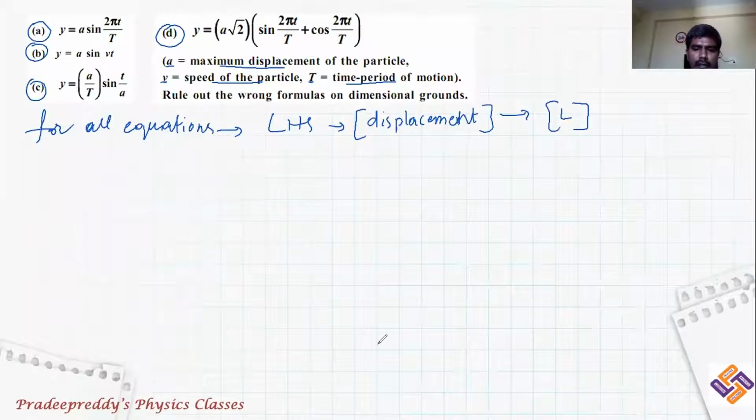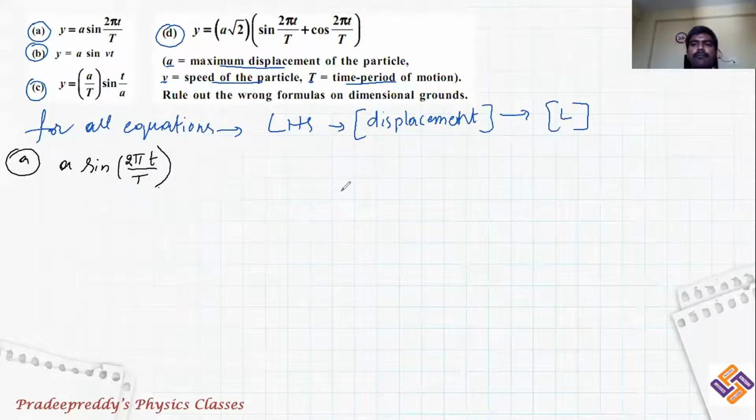Now let us take one by one on the right hand side. First I am taking it as A sine 2 pi t divided by capital T. Okay. This is first one, right hand side. This is RHS. And what is A given as? A is maximum displacement, right?